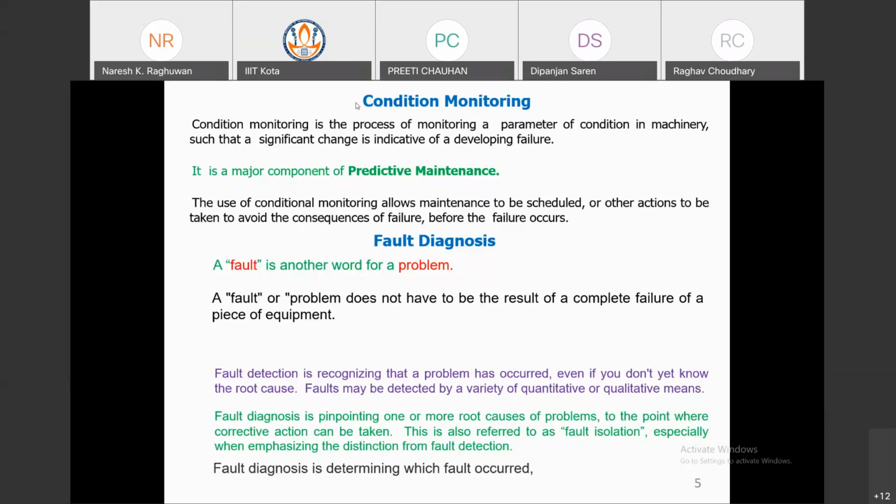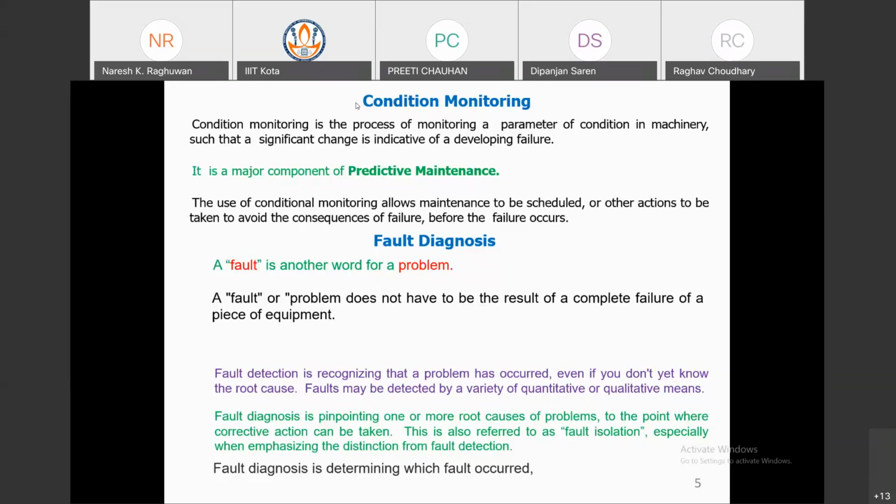Fault detection is just recognizing that a problem has occurred. If you detect some problem, that is fault detection, even if you don't yet know the root cause. You don't know the reason for this fault, but you detect that something is wrong in the machine.